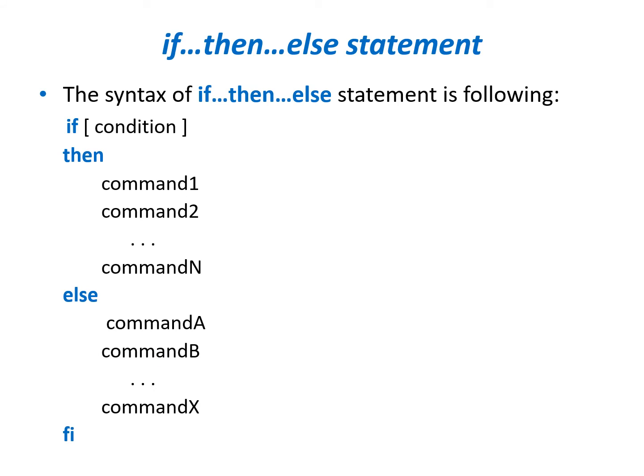Now we take the if then else statement. The syntax of the if then else statement is the following: if condition, then command 1, command 2 and so on command n, else command A, command B and so on command X, fi.